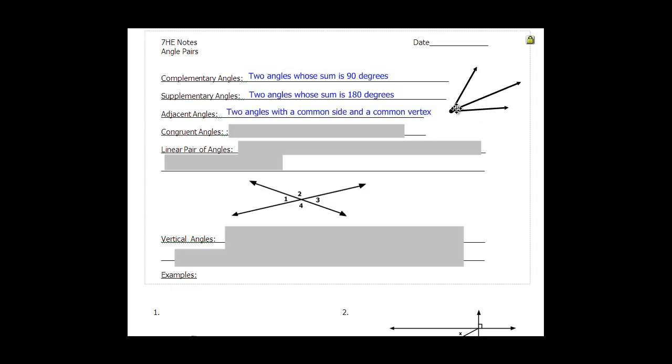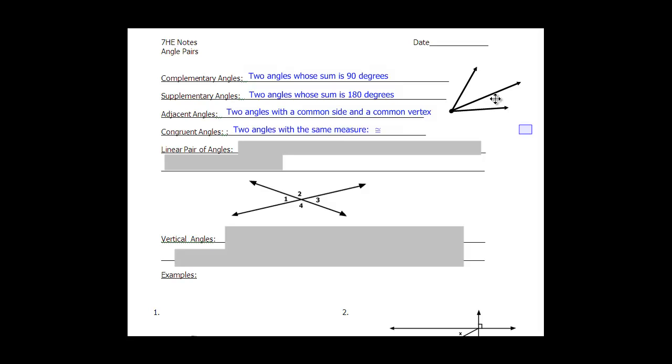We talked about that word vertex. So those are adjacent angles. Congruent angles are two angles with the same measure, and the symbol for congruent is that little equal sign with the little squiggly tilde on top.